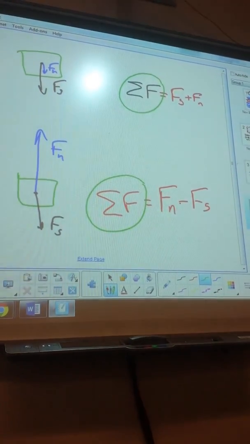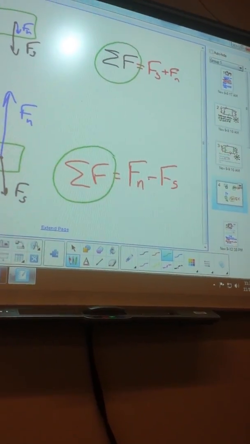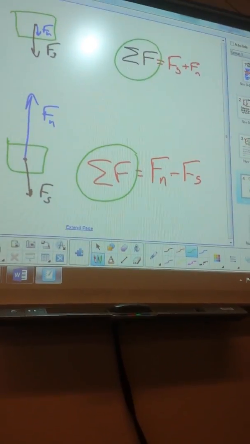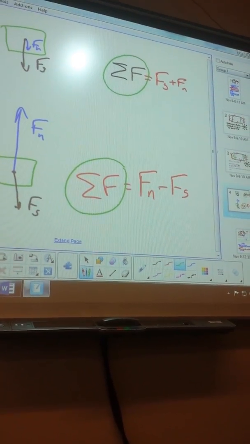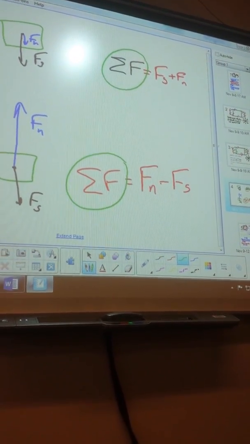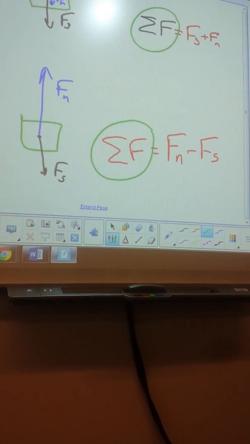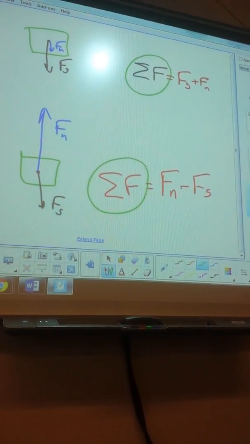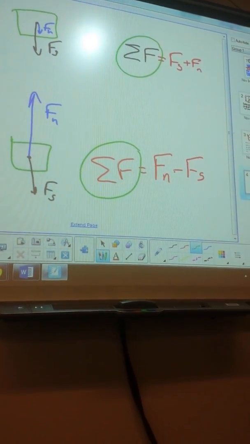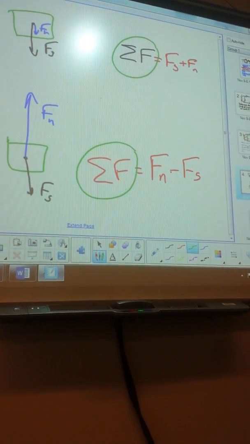Yeah, Astrid. Yeah, that's exactly right. We're going to be talking about weightlessness, but she asked me why you feel weightless at the top. Remember, your weight you only sense as a support force. If there's nothing supporting you, you feel weightless.